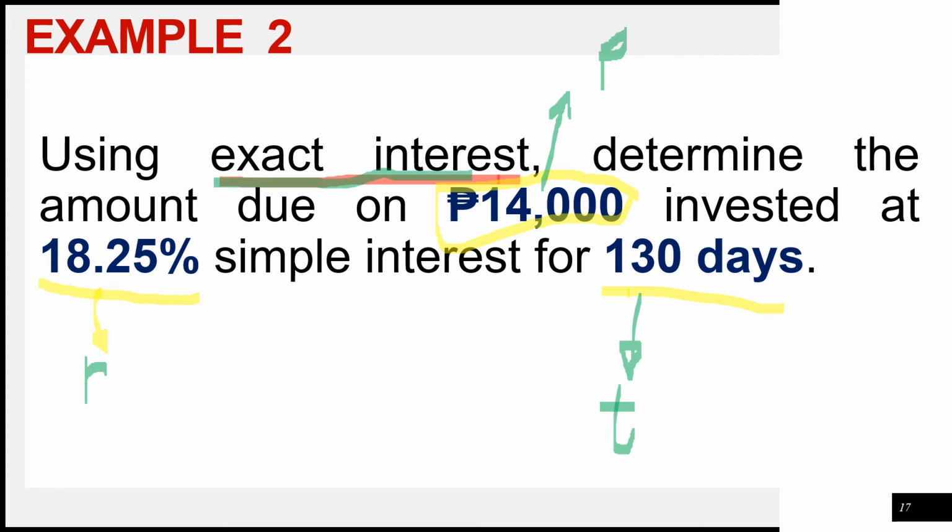And because we will be solving for exact interest, what would be the denominator for our 130 days? Yes, since we are looking for the exact interest, the divisor or the denominator for 130 should be 365. Again, 365 because there are exactly 365 days in 1 year. Well, if we are asked for the ordinary, then that's the time that we're going to use 360.